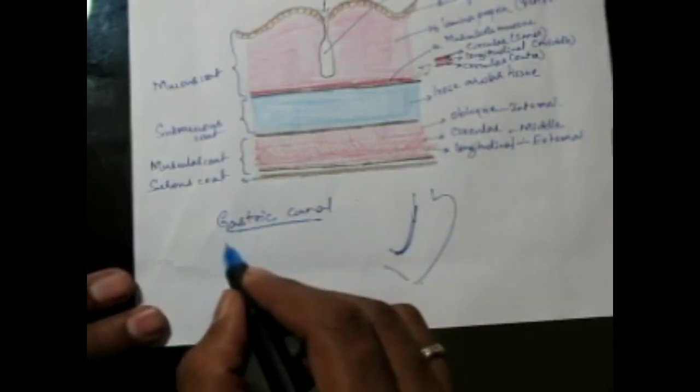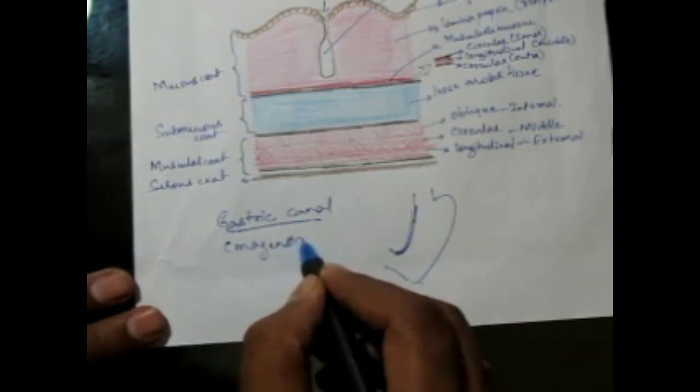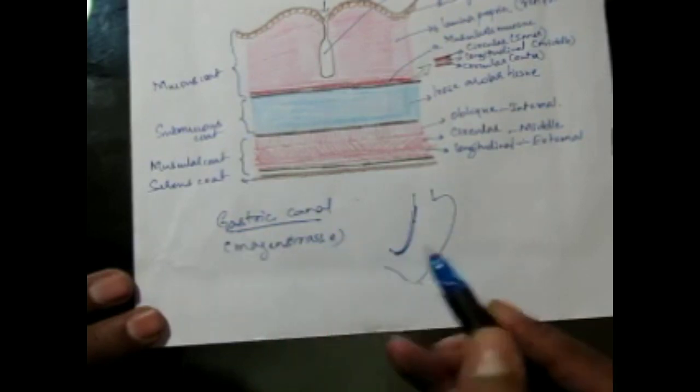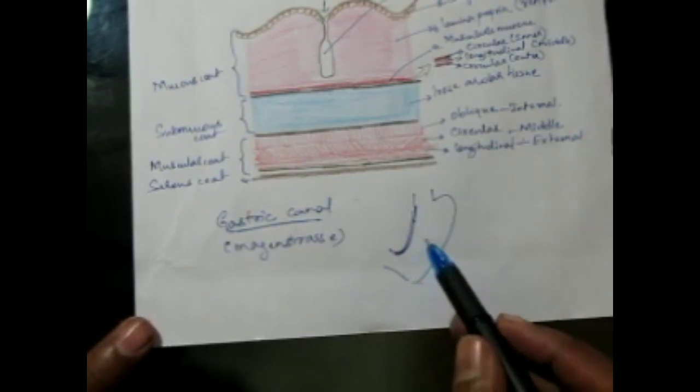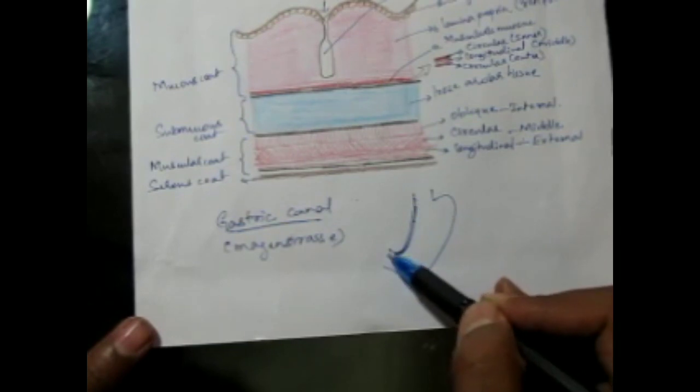Gastric canal, also called the magenstrasse, is a mucous gutter extending from the cardiac orifice to the pyloric antrum.